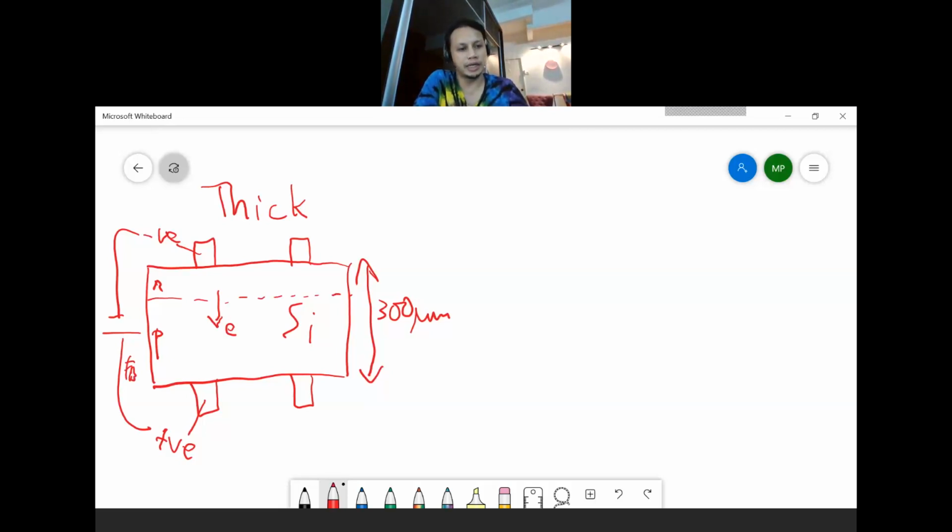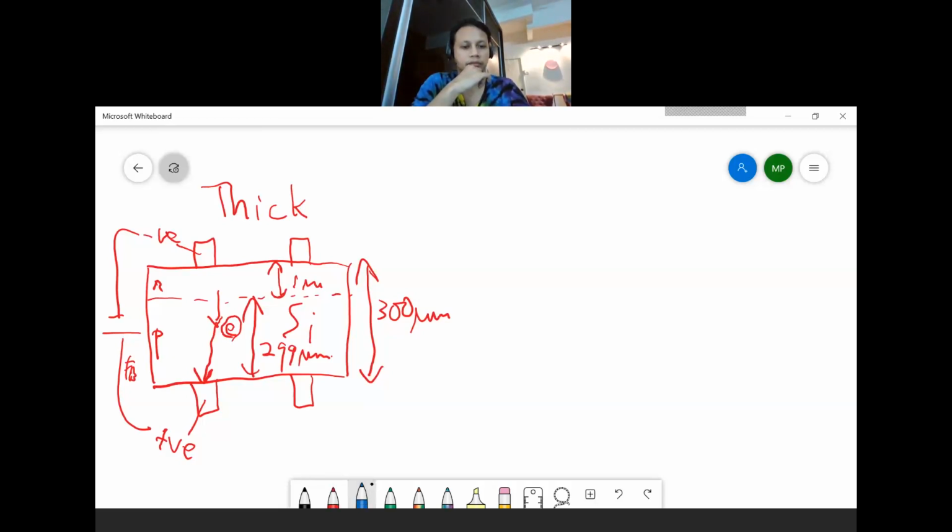So you want this electron now, you want this electron to diffuse sampai ke metal contact ni. So that means kalau you punya junction ni, let's say the thickness is about 1 micron, so the electron has to diffuse another 299 micron to get to the real metal contact, right?